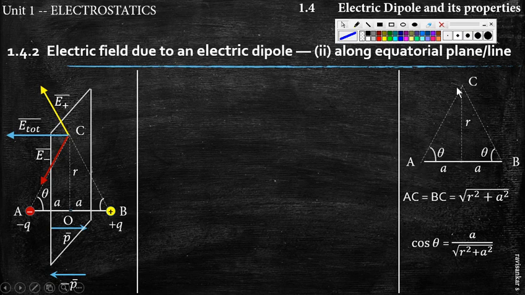This is a diagonal, so AC squared should be equal to R squared plus A squared. So AC is the square root of that. Also later on we will need the cosine of this angle theta. Cos theta is adjacent side divided by hypotenuse. Adjacent side is A, over hypotenuse BC or AC, which is already derived.